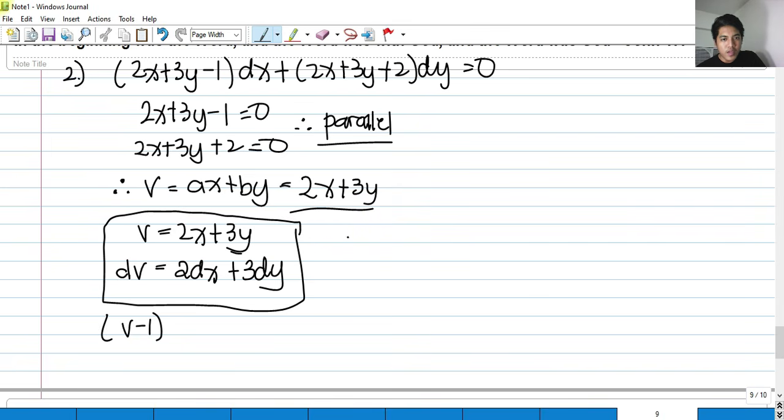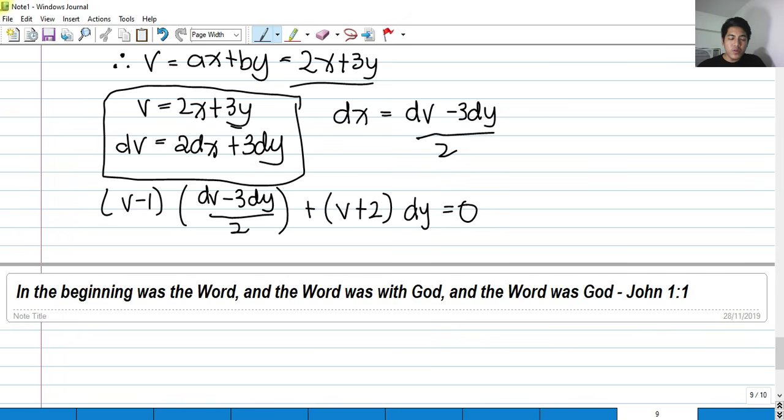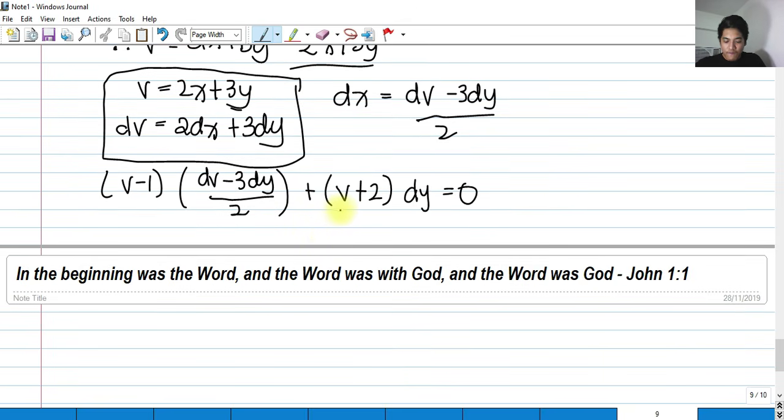So dx would be dv minus 3 dy over 2. Plus 2x plus 3y again is simply equal to v, and we have plus 2, and we retain the dy, equals 0. So we have reduced the given differential equation in terms of v and y, in terms of only one variable v.